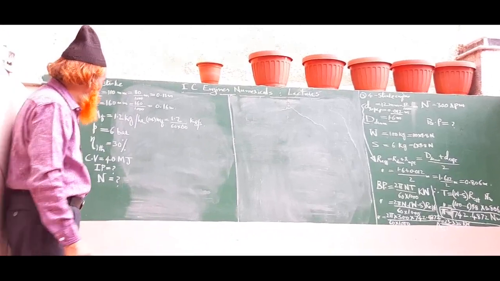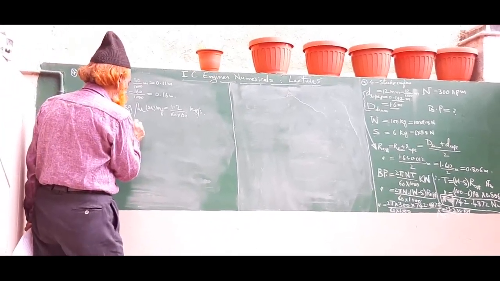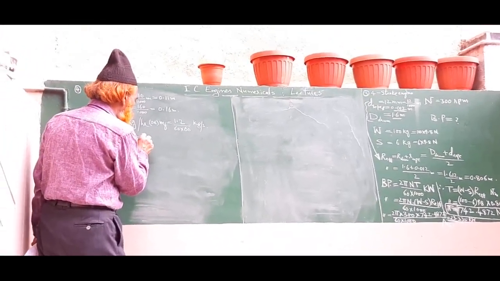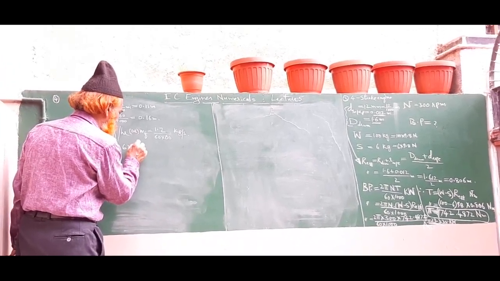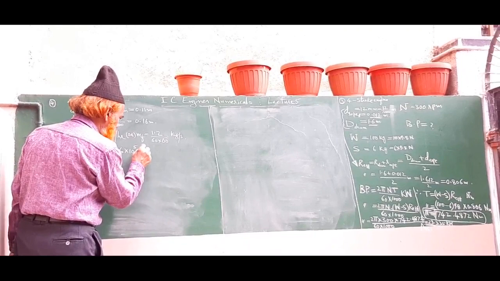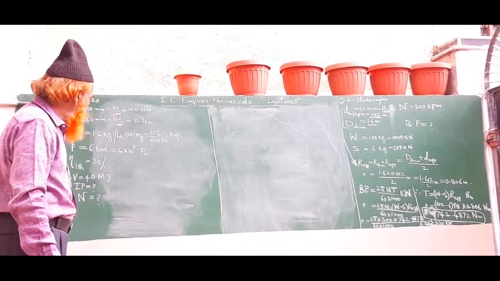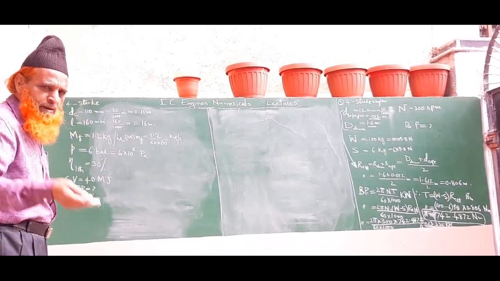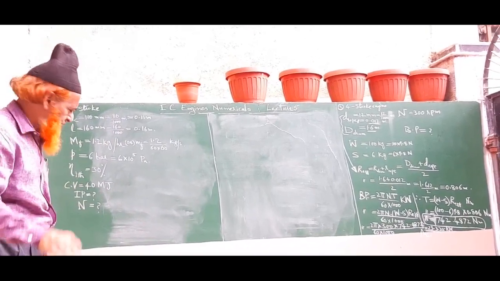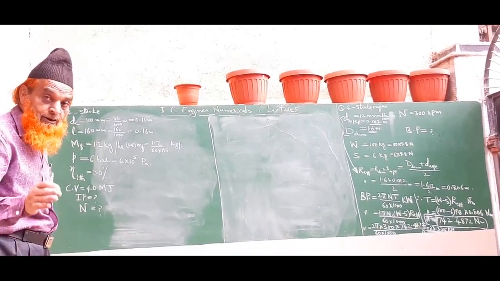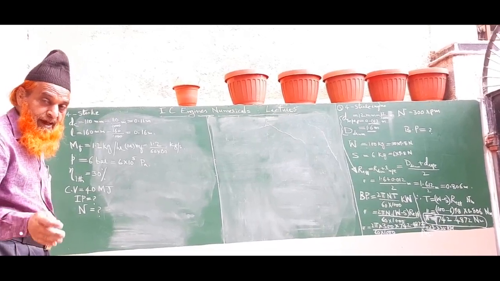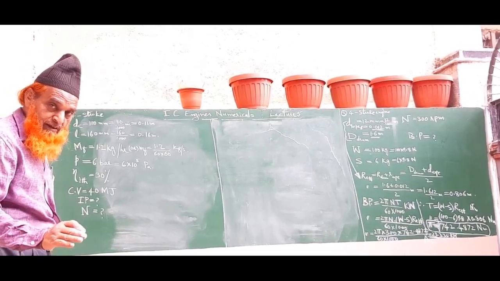Indicated mean effective pressure is given in bar. We are supposed to take it into Pascal: 6 into 10 to power 5 Pascal. Indicated thermal efficiency is given in percentage; percentage formula we can put, that is putting 100. Calorific value 40 megajoule, we have to take it into joules or kilojoule, any one of the two.